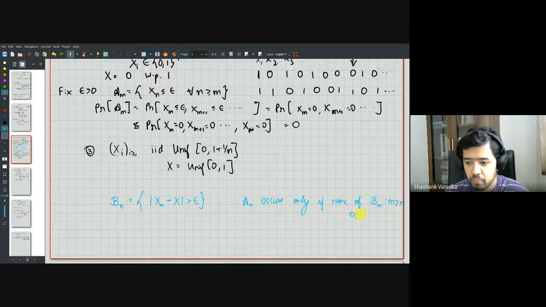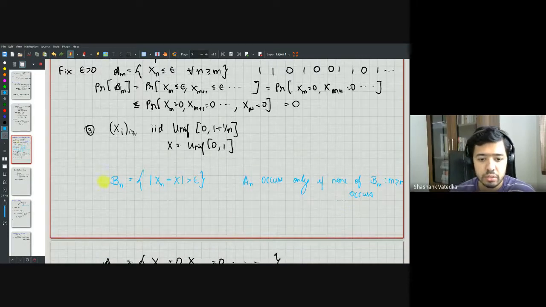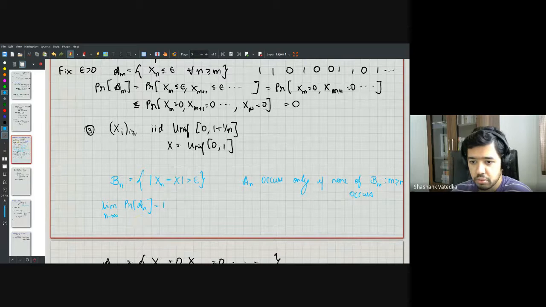Right? And the goal is to show that limit as n tends to infinity, probability of An equal to 1, or the probability of An complement equal to 0, right?